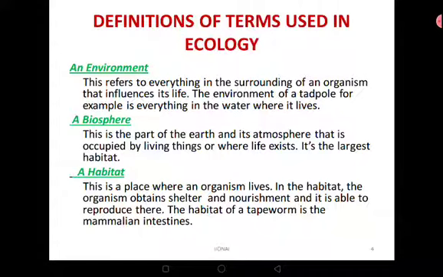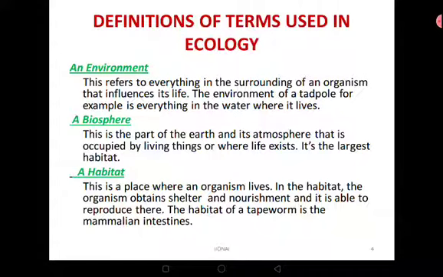This refers to the surrounding of an organism that influences its life. For example, we have a tadpole. The young one of the frog or the toad is called a tadpole. It lives in water. So that water there, where that tadpole lives, is its environment. It's where it gets everything that it needs for survival.